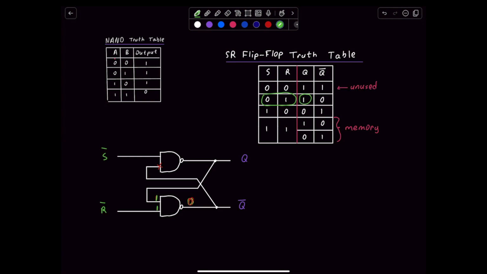That means it is not the intuitive way when you would think of set to be 1, and then that would set Q, but that's not how it works. In our case, set is 0, that's going to set our Q to 1. So it works the opposite way. And you can see that in the truth table as well.